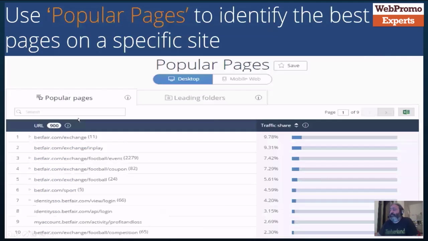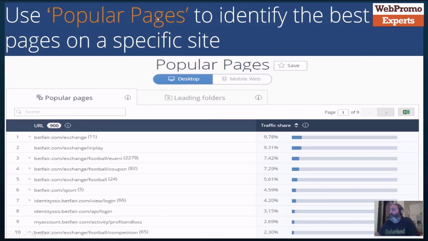Another way to help you get links is our popular pages mode. Popular pages basically shows you the most popular pages getting traffic in a website. If you're looking at a specific website, the site could have a few thousand pages.